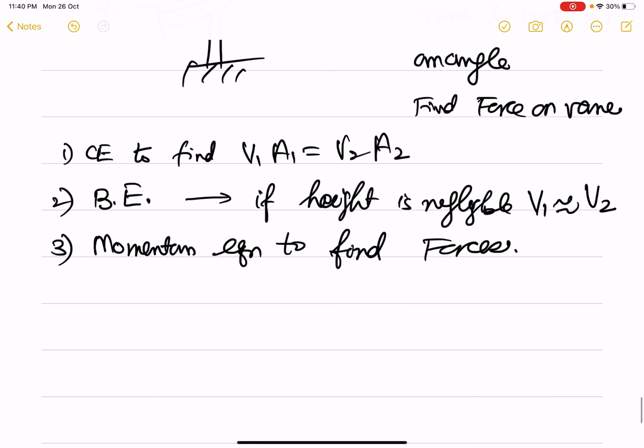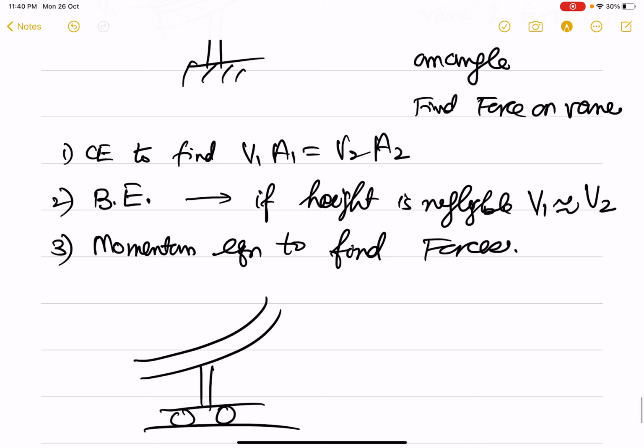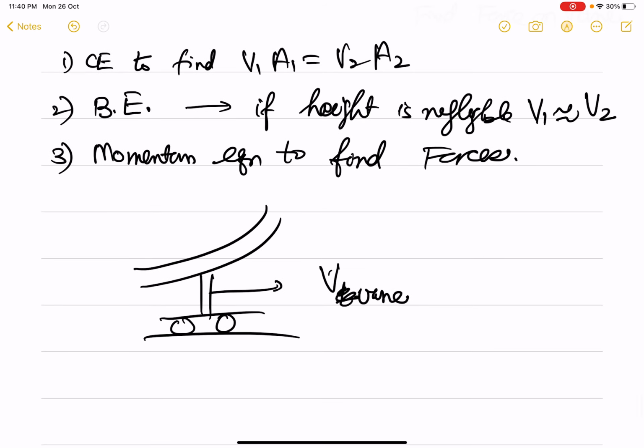Now what if this vane is mounted and is moving with a velocity V vane? If the vane is moving, then how do we solve the problem?